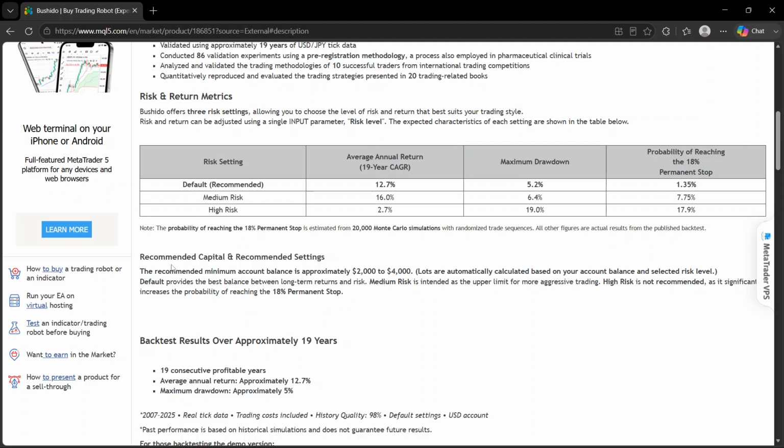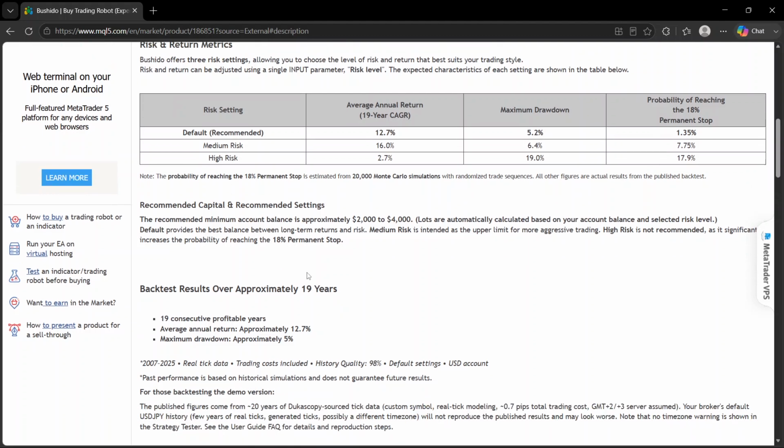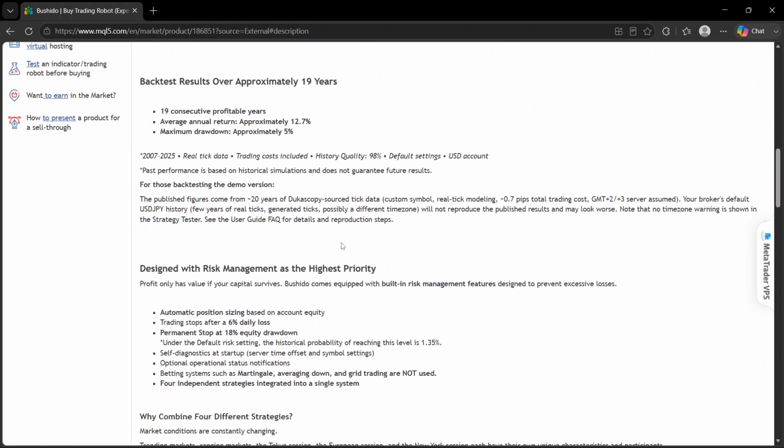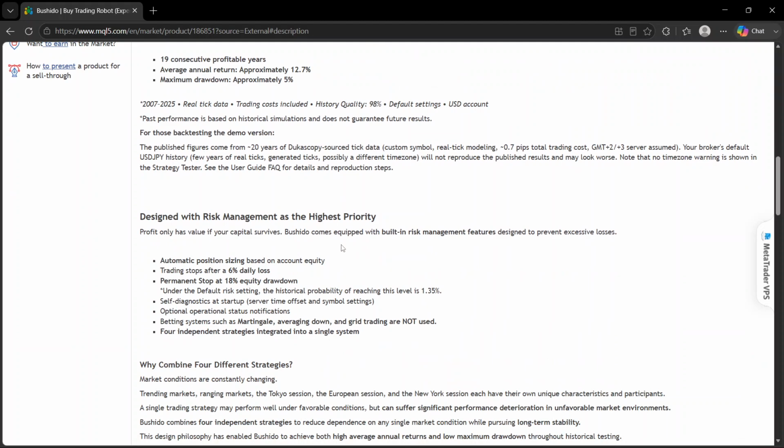Those are the claims from the product page and the user guide, with the recommended environment: hedging accounts, preferably New York close server time, GMT +2 or +3 with daylight saving, spreads of 1 pip or less, and at least $2,000 to $4,000, so the lot sizing works the way they intended. So that's everything: 4 session aware modes, no dangerous money management, a long backtest with low drawdown, and some hard risk breaks.